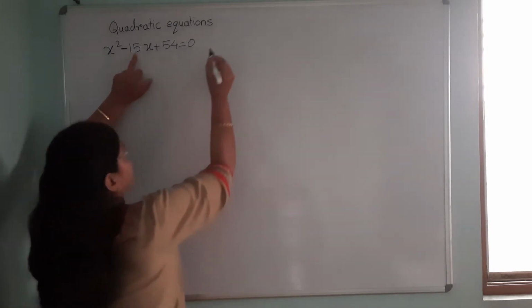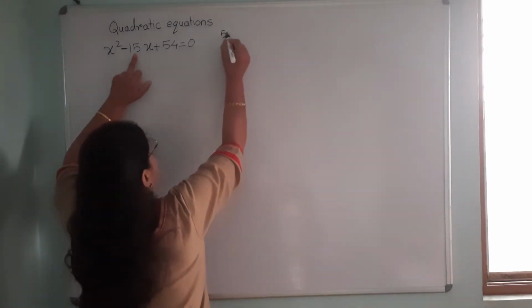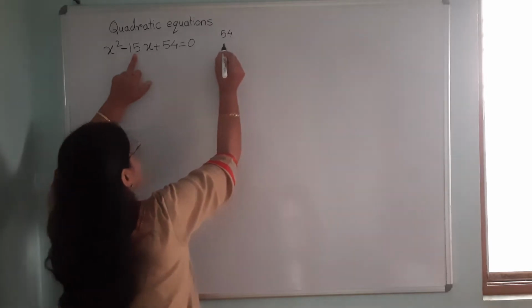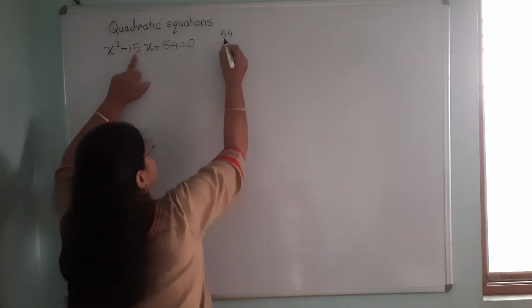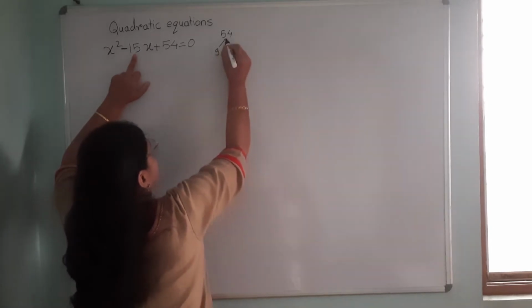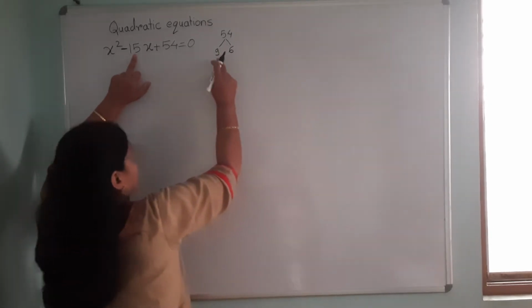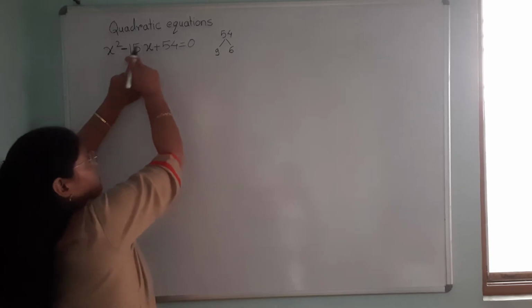That means we should find factors of 54 such that their addition comes to 15. Let us take them as 9 and 6. Addition of 9 and 6 is 15.